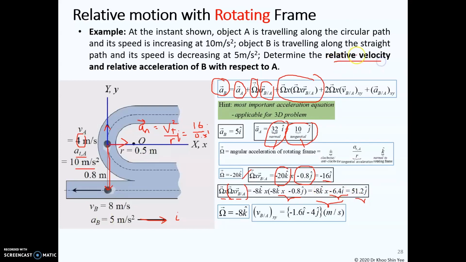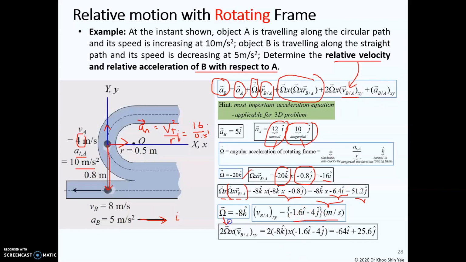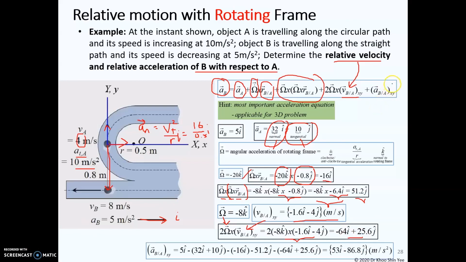Previously, we obtained the relative velocity of B with respect to A, which is this symbol. This is the answer that we obtained previously. Substitute it inside this formula, then take the cross product, and you should obtain this answer. So we want to find the relative acceleration of B with respect to A, which is equal to a_B, which is 5i, minus the remaining terms. Move this to the left-hand side, and you obtain negative here.